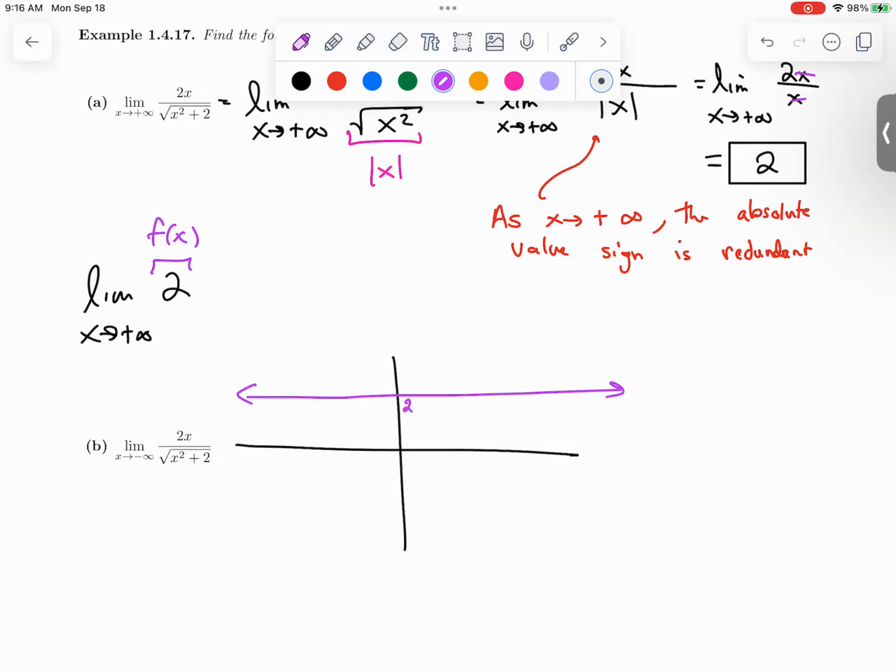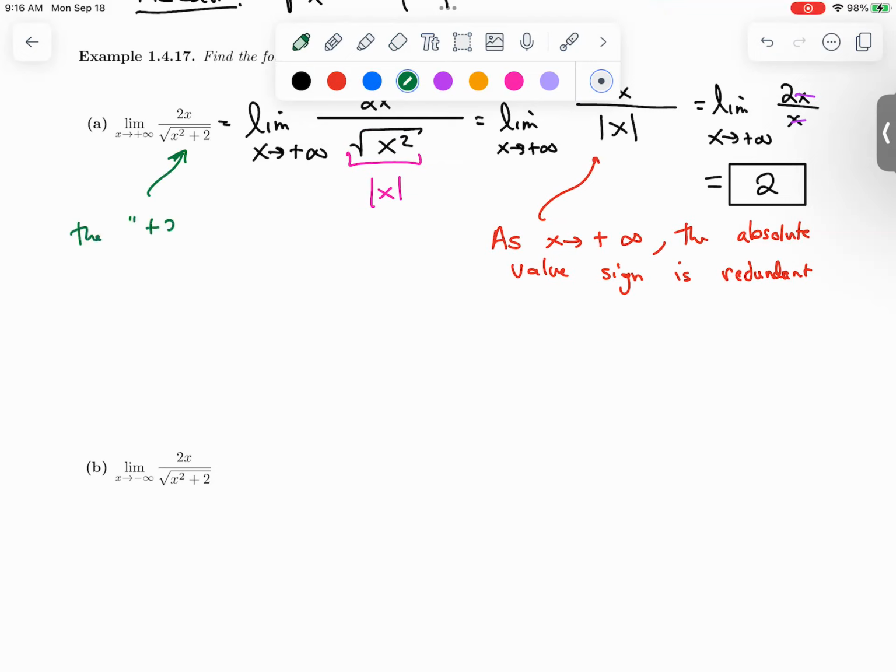Now on the flip side with this one, we're going to approach it the same way. Once again, the plus 2 doesn't matter. So let's actually add that. Thank you, Sarah, correct? Sarah brings up a good point. So let's mention that. The quote unquote plus 2 will not matter as x goes to positive infinity, so we can ignore it.